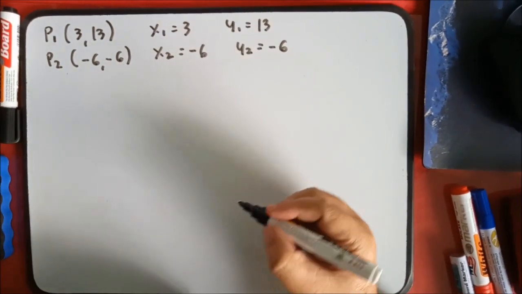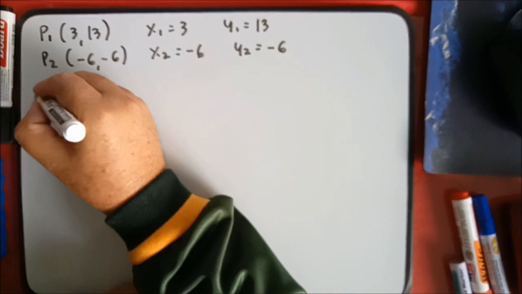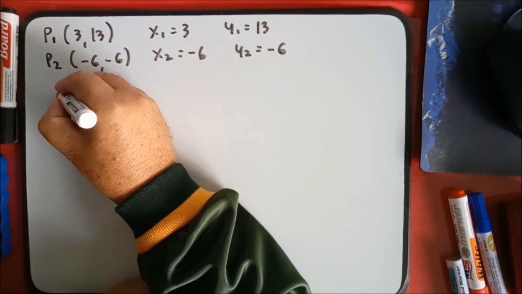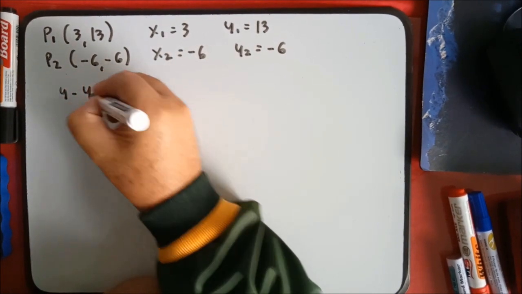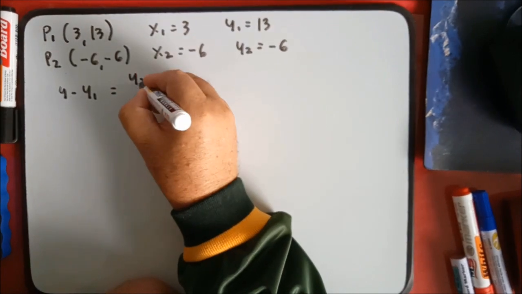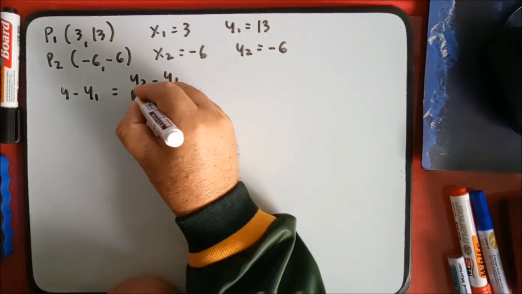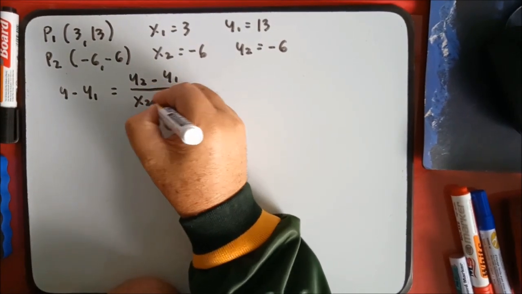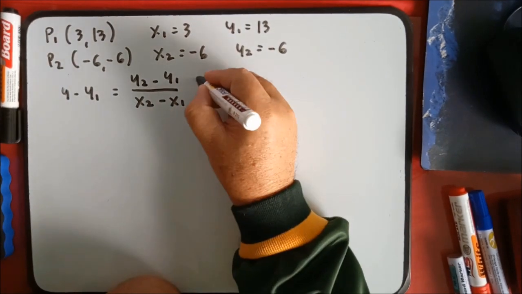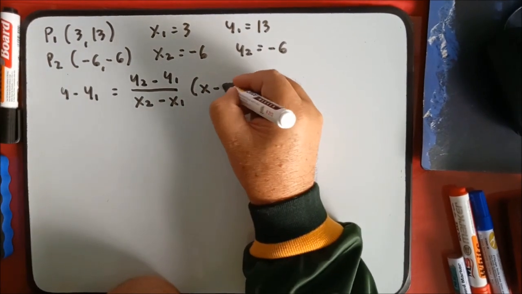Now, meron ka ng dalawang points. Substitute to your formula. y minus y sub 1 is equals to y sub 2 minus y sub 1 over x sub 2 minus x sub 1 times x minus x sub 1.